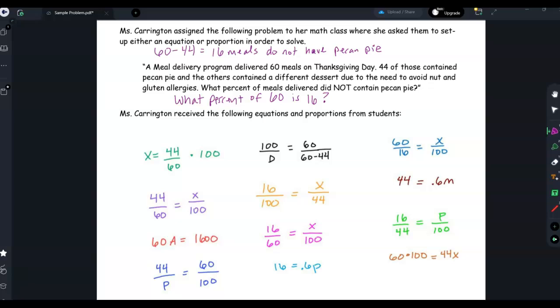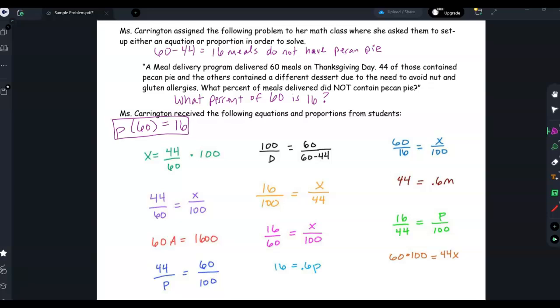So you can use X, or I'm just going to use P for percent. And then of means multiply. So of 60 means I would multiply that by 60. And is 16 means that equals 16.